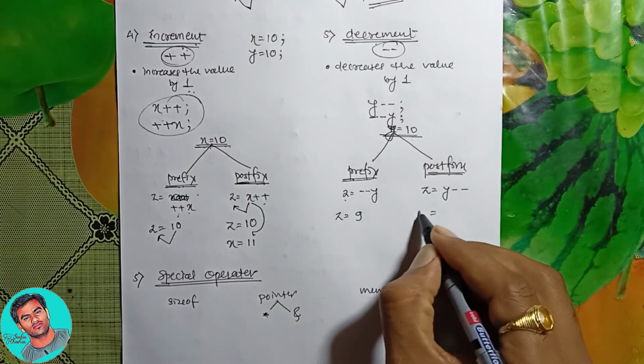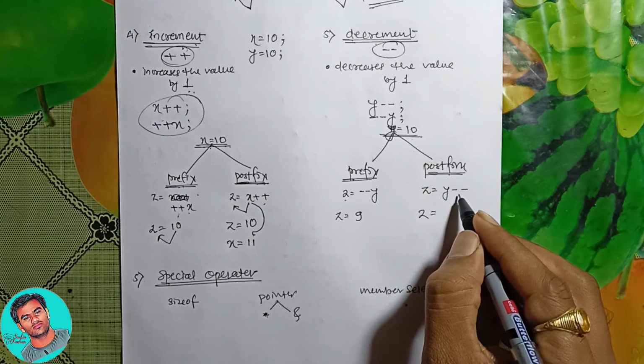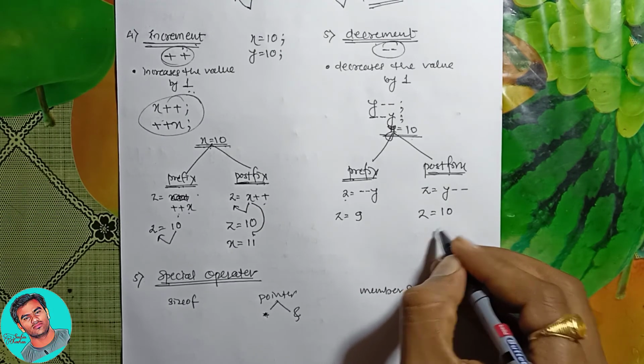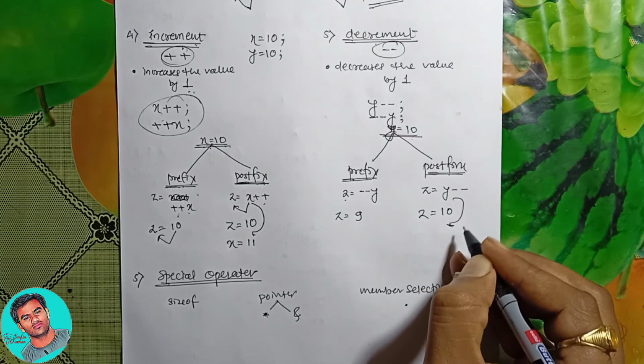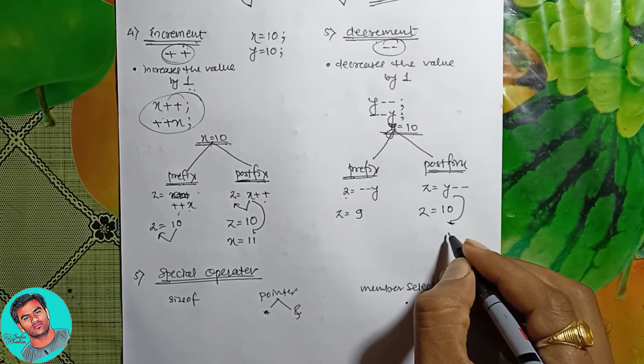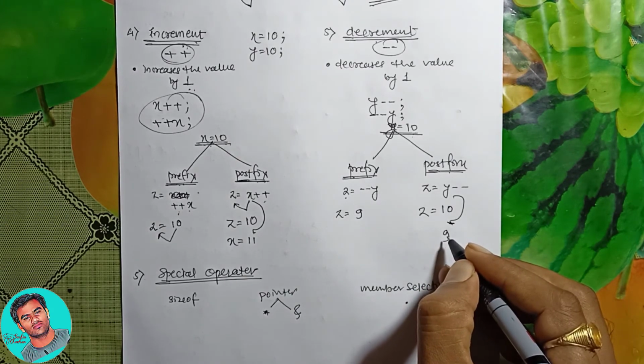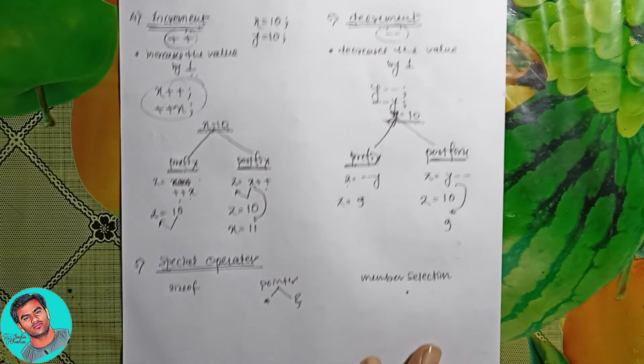And as it is a postfix operator, it assigns first, so the value of z is 10, and then the value of y gets decremented like this. After this the value of y becomes 9.